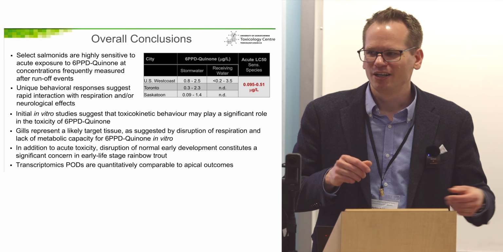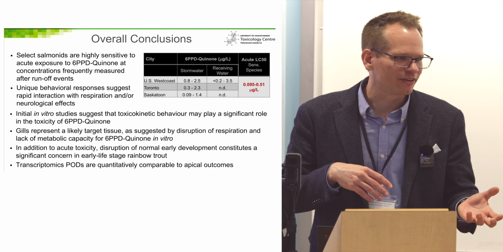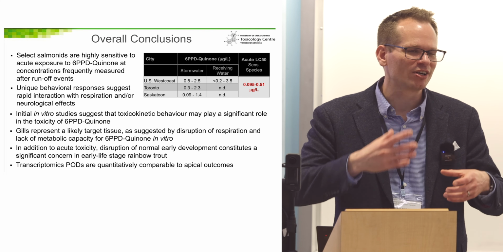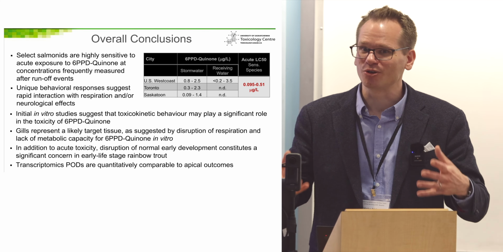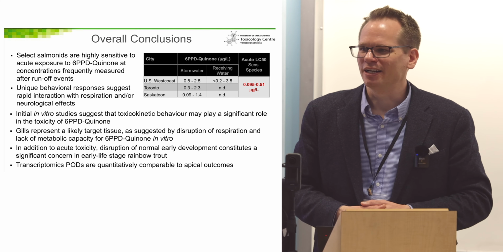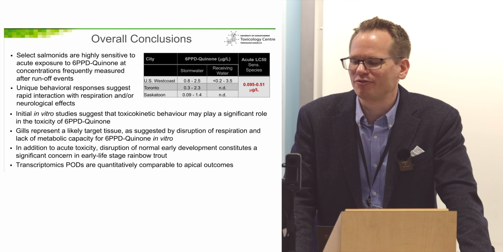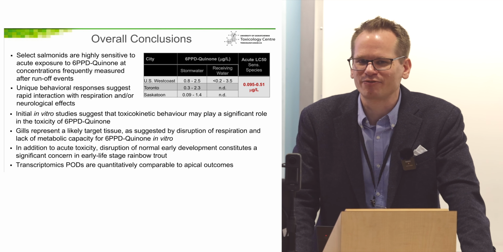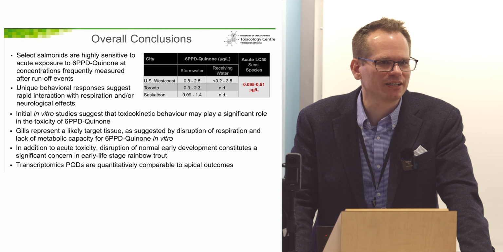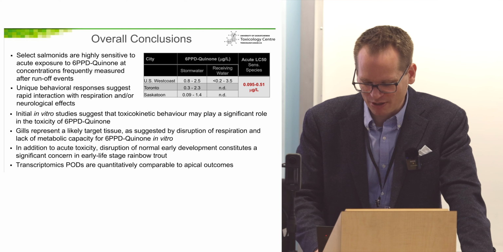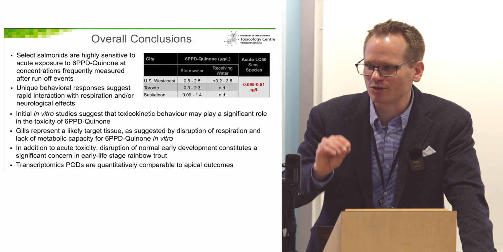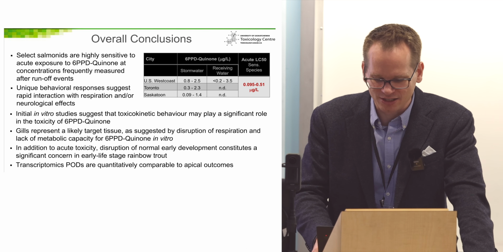Ed mentioned it. It's now important to not only look at fall when it rains and the fish are trying to move up the stream, but also in the spring, when we have those massive numbers of hatchlings or early life stage fish trying to migrate down again, right? So definitely something to keep in mind and not always just focus on those acute toxicity events.